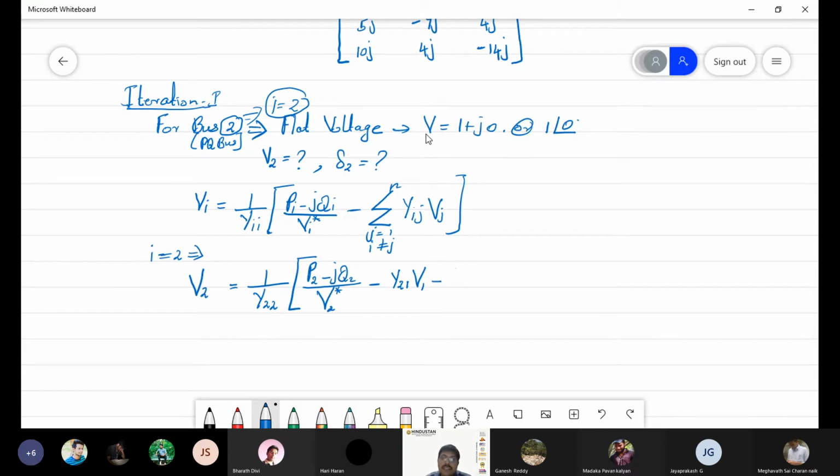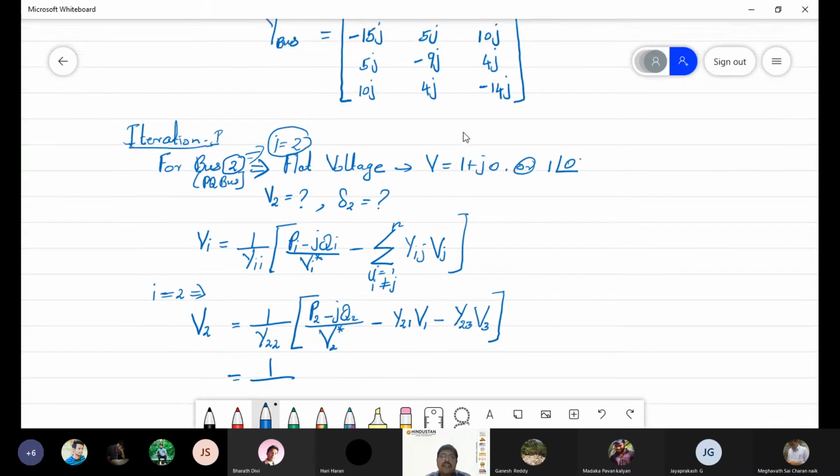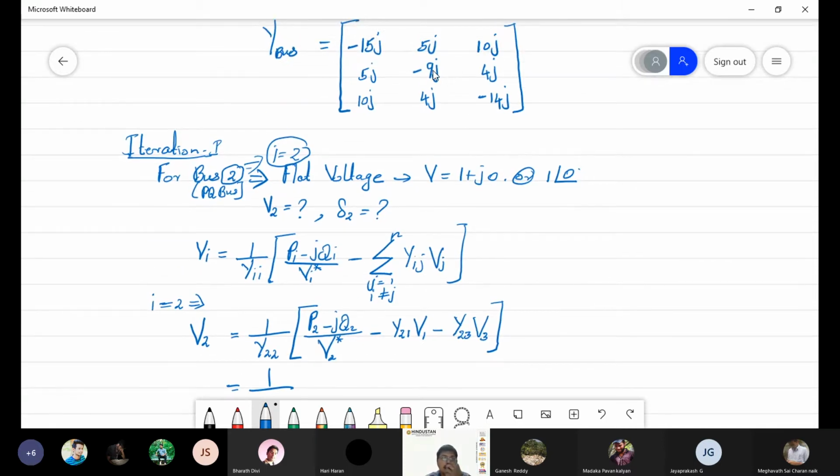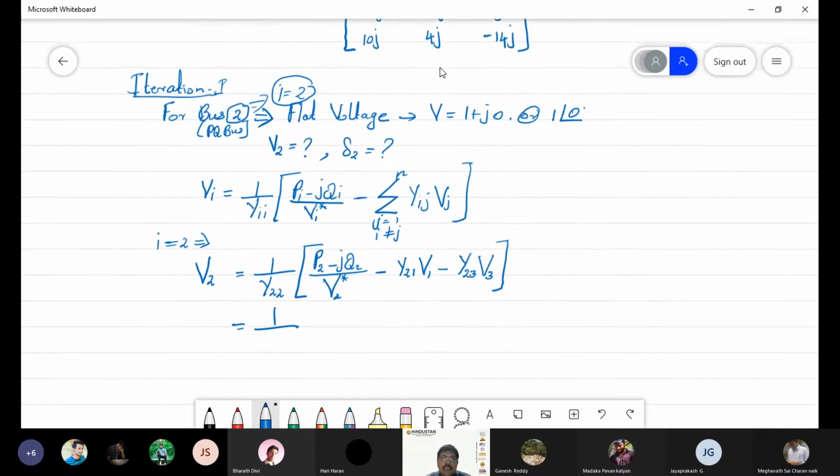Then we'll go to the third term, that is Y23 and this is V3, right? So like that you can substitute now. So that is equal to 1 divided by Y22. Y22 value we can find from the matrix here. You can see that Y22 is equal to minus 9j.